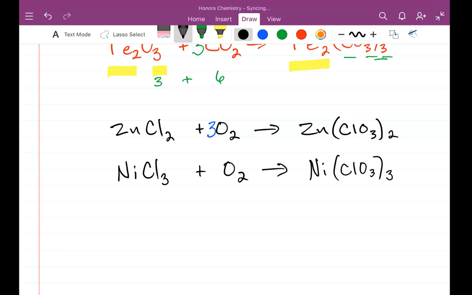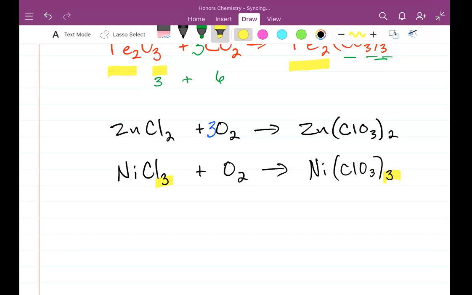Okay, so that should give me nickel 3 chlorate. And again, I knew it was nickel 3 on the left because of the 3 on the chloride. So I'm going to have 3 chlorates on the right because chloride and chlorate are both -1, so they would end up having the same subscript if paired with the same +3 ion. Balancing's a little trickier on this one.